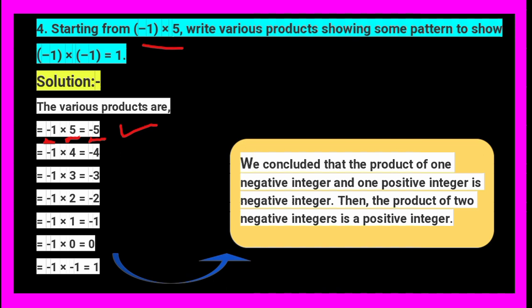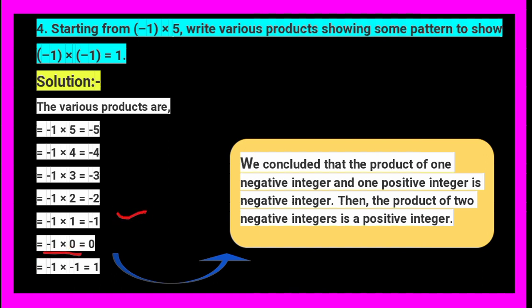Then we follow this rule that we take the next lower number, decreased by 1, right? So minus 1 multiplied by 4 is equal to minus 4, then minus 3, then minus 2, then minus 1.